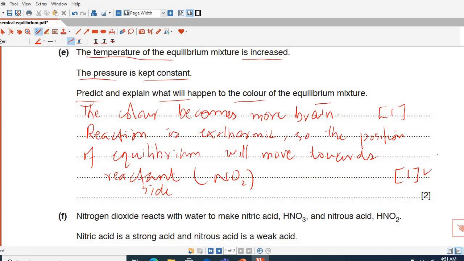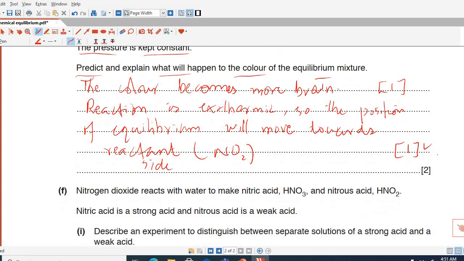So this is the question number E, which we have discussed related to the temperature.